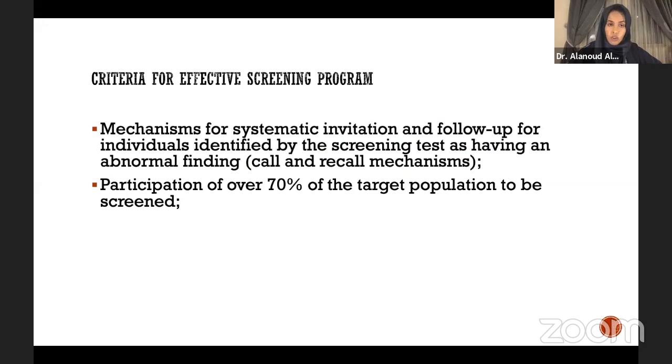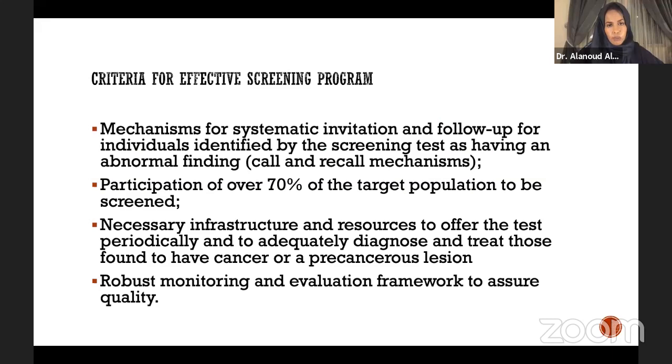And after their enrollment, you also need a recall mechanism, which is calling them in a systematic way and telling them, okay, you tested positive, you have to have a clear plan for what you're going to do. And then another important point, you need to screen a good percentage of your population, at least 70%, to have an effective screening program.